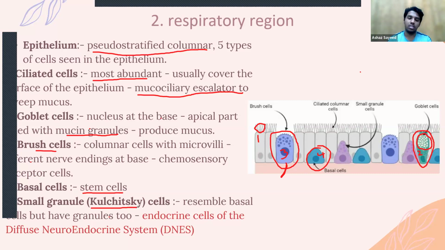That's why they're also called small granule cells. And their function is that they are the endocrine cells of a system within your nose. This system is called the diffuse neuroendocrine system. Now, the details on this system you don't have to know. Just know that these are endocrine cells for the system. That's all you have to do.